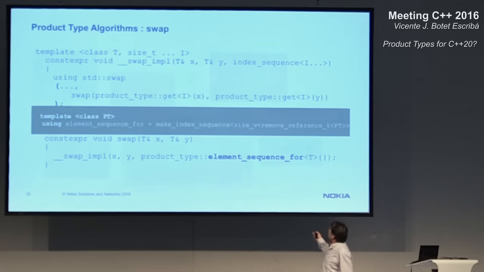An index sequence is just a sequence that has as parameters the integers 0, 1, 2, 3, 4. Then when we have this template parameter, we are able to expand on this parameter Y. And here, when we have this expression, product_type::get<Y>, and we expand using the fold expression, we are taking each one of these instances so that we are doing all the swaps one after the other.